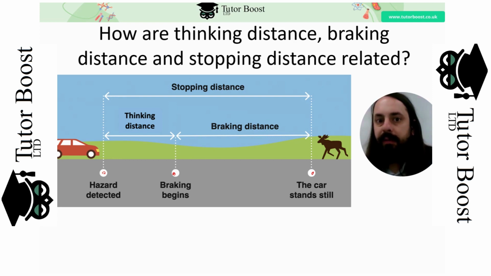Well, if the road is slippery, so if it's got water or if it's icy, the grip of the wheels onto the road will not be good, so it will not have enough friction, and therefore the braking distance will be longer. Same thing with worn tires or worn brake pads, so all of those things you can mention in an exam question.